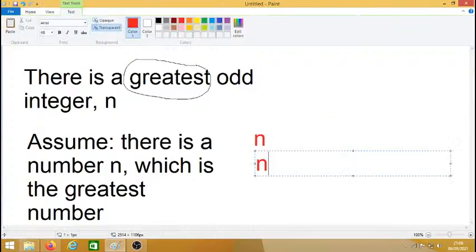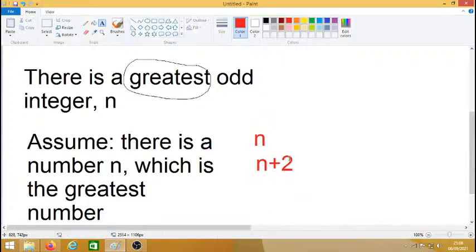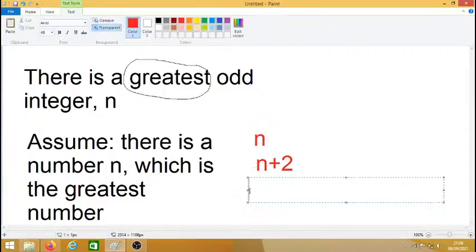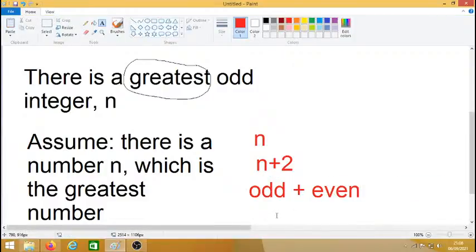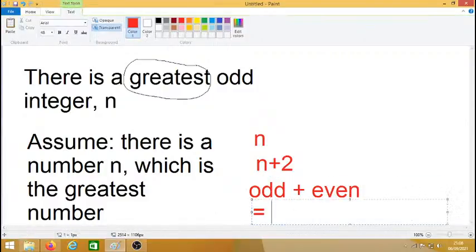Well, now let's take n plus 2, let's add 2 more to that odd number. Because 2 is an even number, and we're saying that n is an odd number, then what we've got is an odd plus an even. An odd plus an even is equal to an odd.